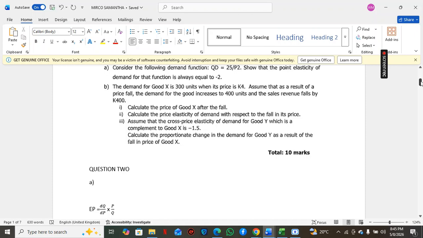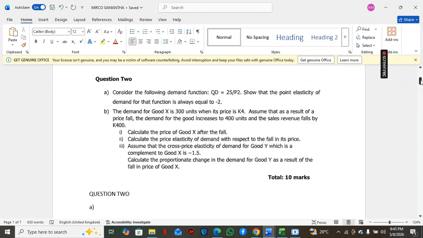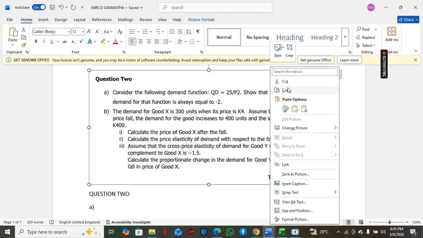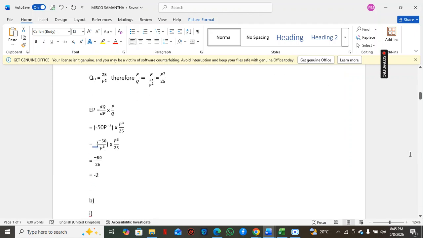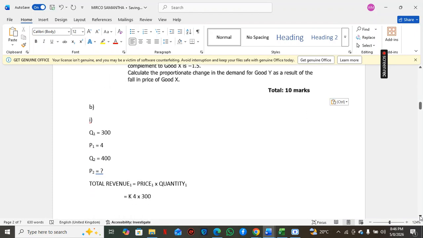Okay, so with this type of question, first, take note of your prices and the quantities. Our quantity 1 is 300 units. Our price 1 is 4 kwacha. Our quantity 2 is 400 units. Our price 2, we don't know.